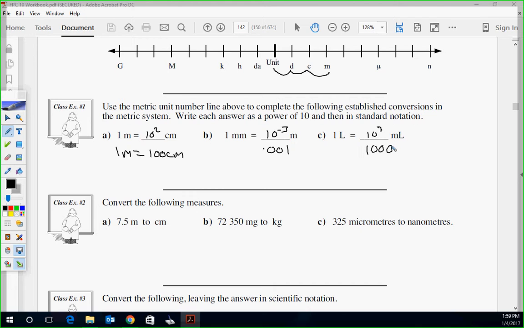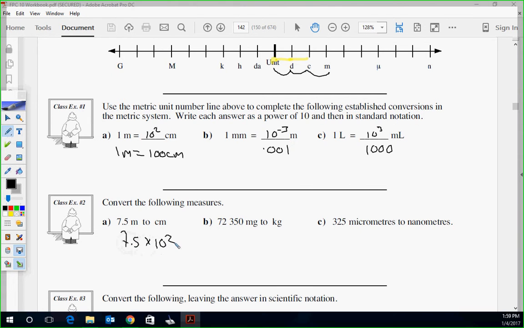So I'll leave this here so we can still use that chart. Again, we have to figure out which way we are going. So it's as simple as saying, okay, 7.5 meters to centimeters. I'm here at meters. I'm going 1, 2 to the right for centimeters. If I'm going right, my number is going to get bigger. It's simply going to be 7.5 times 10 squared.